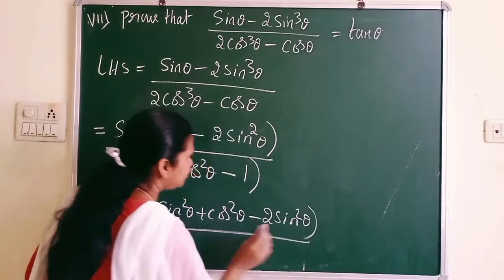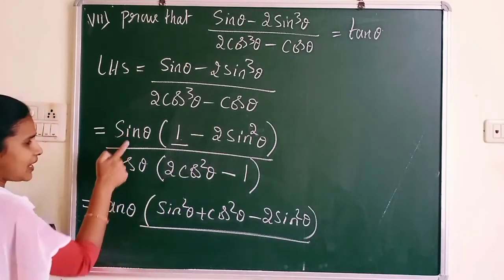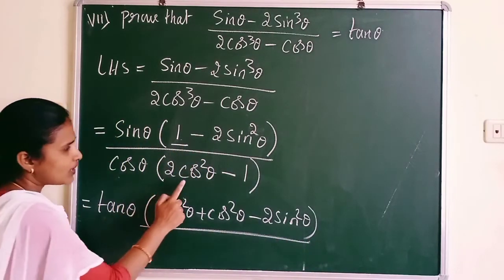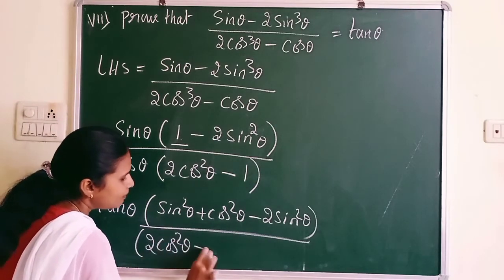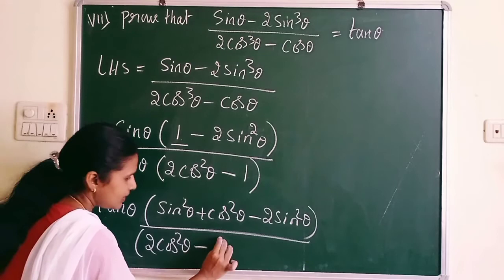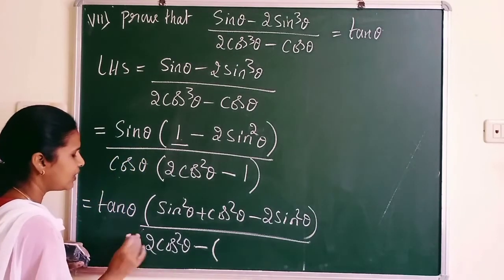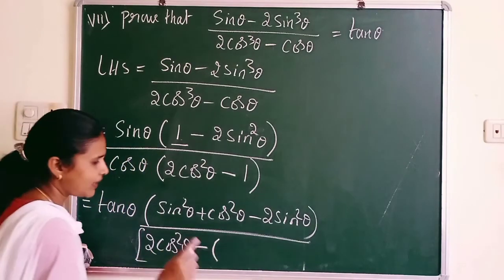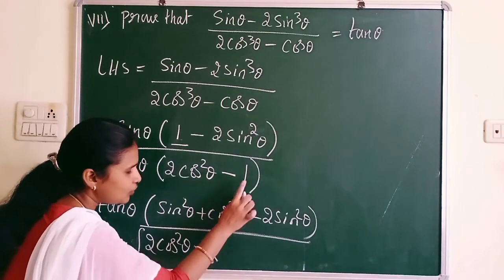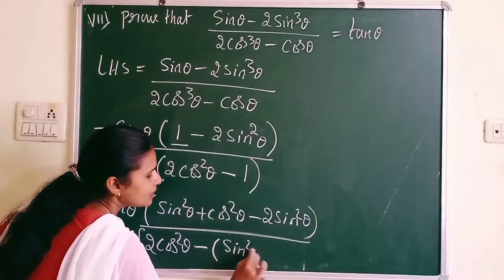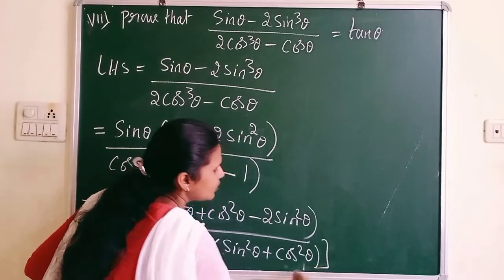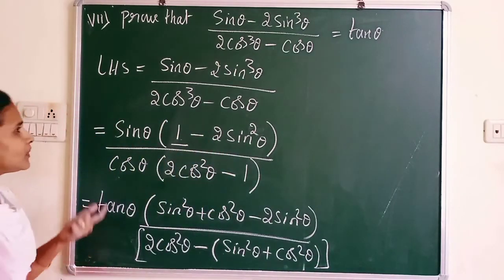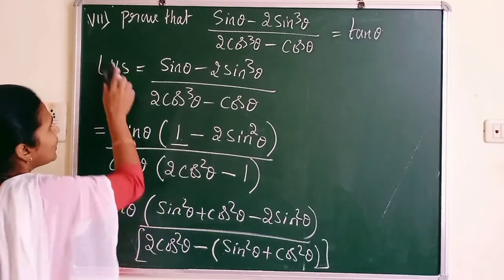Divided by, again sine by cos became tan. Now what is remaining here? 2 cos square theta, as it is, minus, in the bracket, be careful with the brackets whenever you have a minus sign, again you write the same formula, sine square theta plus cos square theta, close the bracket. Now you can simplify the like terms.